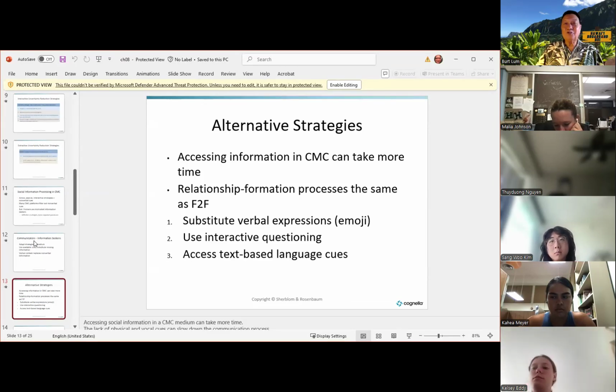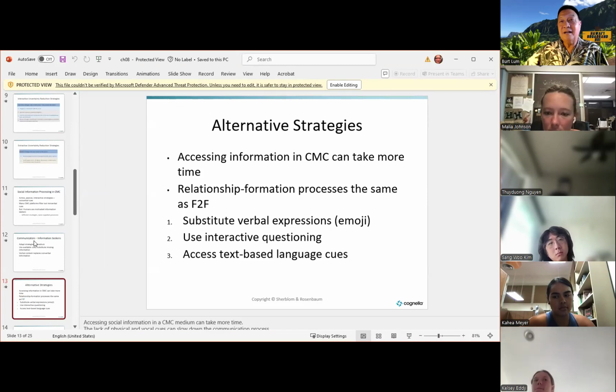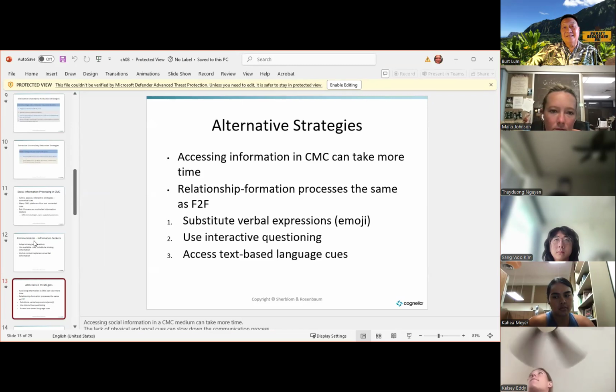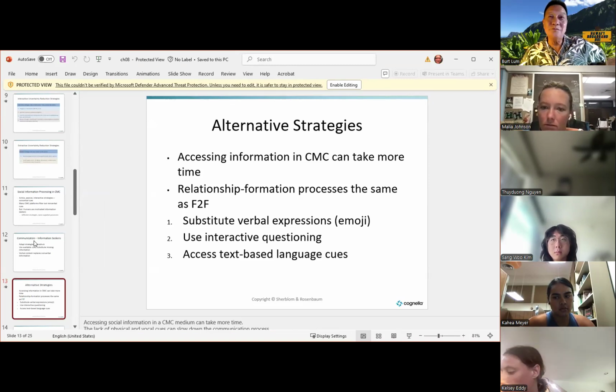Okay, alternative strategies. Assessing information in CMC can take more time. I mean, all the stuff we're talking about is going to take time. But if you take purely the environment that you might be relying on, I don't know, maybe it's Facebook, maybe it's Instagram, maybe it's Zoom, right?